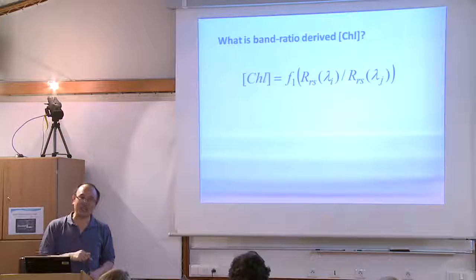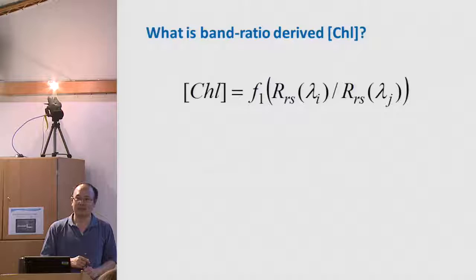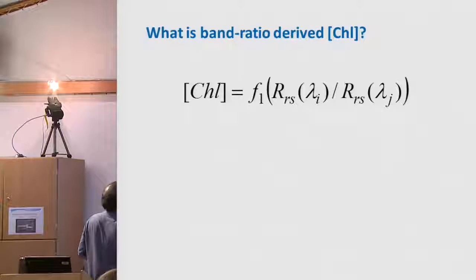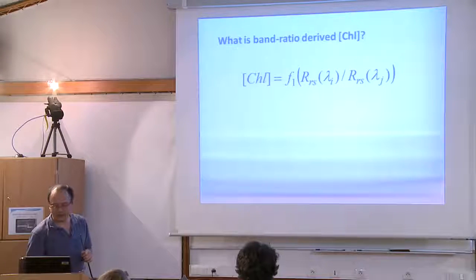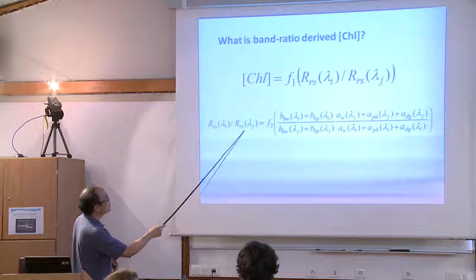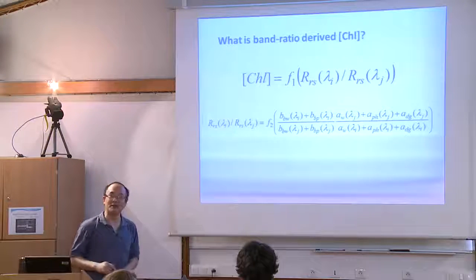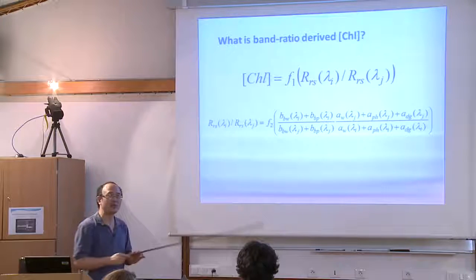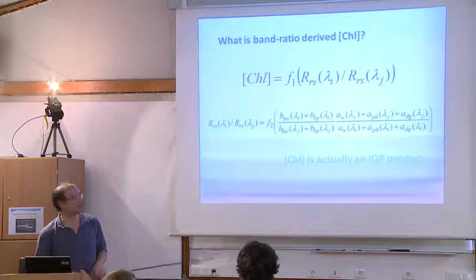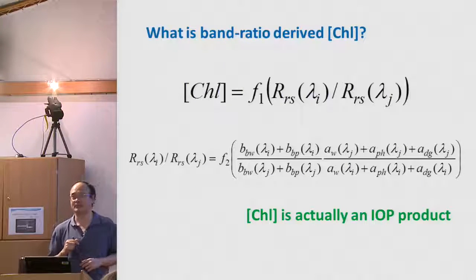So back to this stage, now you should be able to understand what this ratio derived chlorophyll is. Band ratio derived chlorophyll. RS number 1, number 2, we call it chlorophyll. But you know, RS is a function of BB over A plus BB. So this ratio is actually a ratio of the IOPs, ratio of BB and the ratio of A. So what this really is, chlorophyll, is an IOP product.